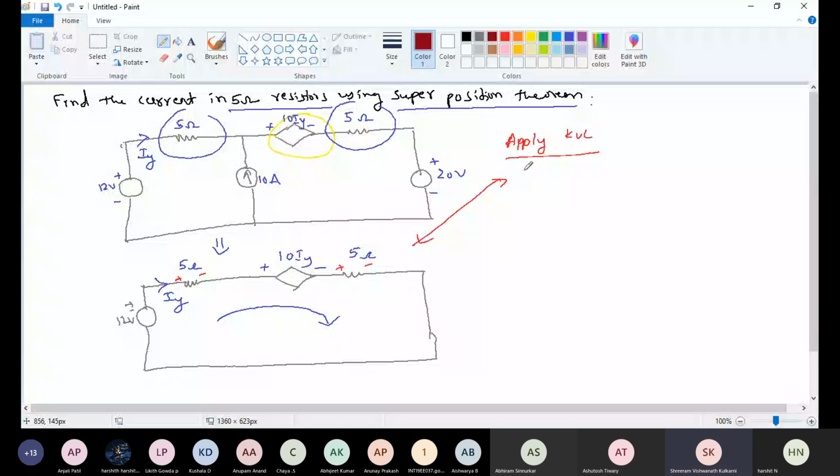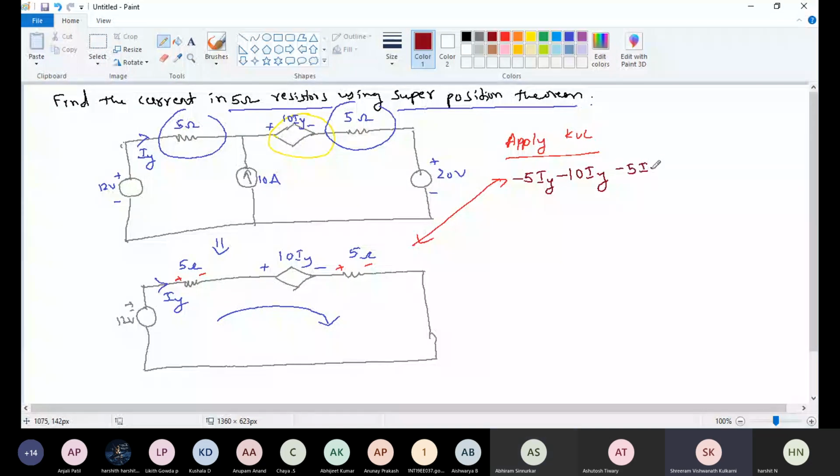Minus 5 Iy. Next, the dependent source, minus 10 Iy. Next, minus 5 Iy.